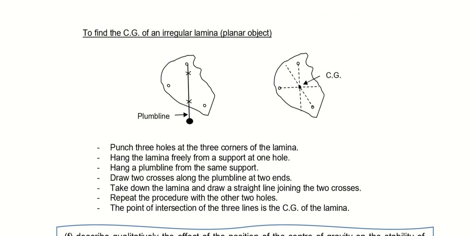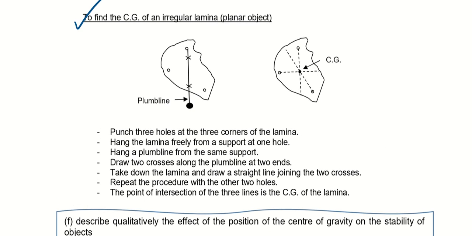Okay, this lists the steps to find the CG of an irregular laminar. O-level questions came out with this as designing an experiment, in order to find the CG of an irregular laminar. So you read the steps. Basically, you punch 3 holes at the 3 corners.